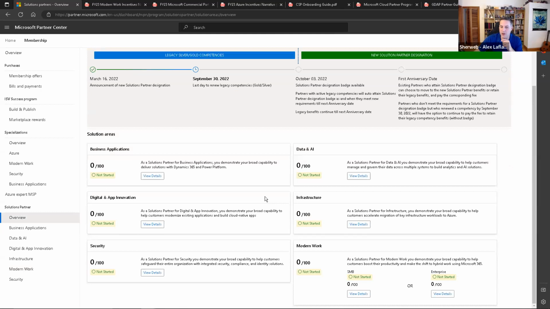So if you're on the fence about which of the 3, because you have 30 points in all 3 of them, I think data and AI is cool because of all the new AI tools that are all the rage nowadays. But no, you will want to focus on infrastructure first, for financial purposes.